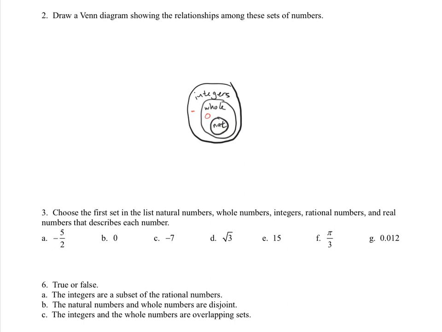Then we had, what do we have? Rationals. So all the rational numbers are sort of floating around in this bubble. But between the integer bubble and the rational bubble, these are all the fractions that we were able to produce.